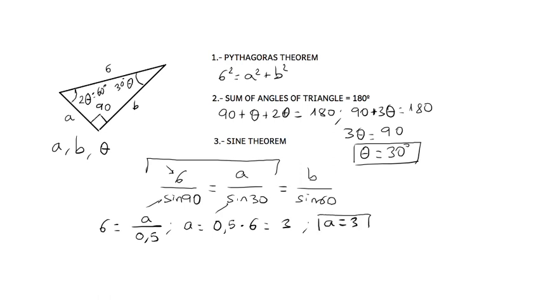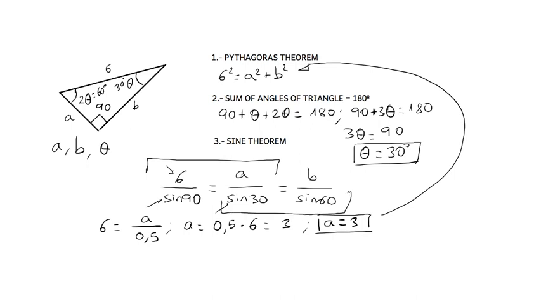Okay, so we only need to find the value of b. So we can go to Pythagoras and find b here, or we can use the sine theorem, for example, with these two equations. So we can say that a over sine of 30 is 6, because we already confirmed here. So 6 equals b over sine of 60.